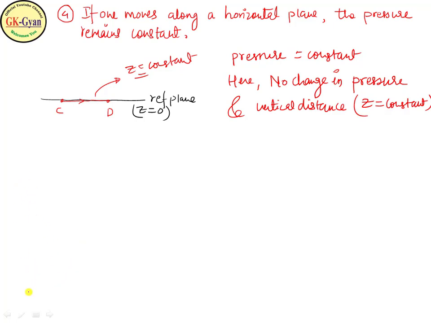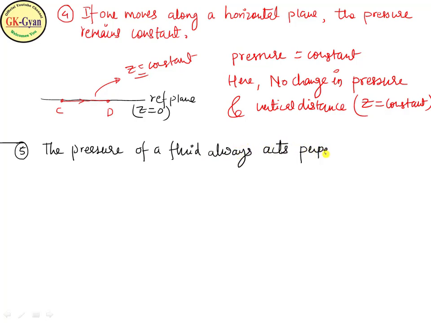Now the fifth property is that the pressure of a fluid always acts perpendicular to the wall in contact with the fluid. The pressure is the important point. The pressure of a fluid always acts perpendicular to the wall in contact with the fluid.